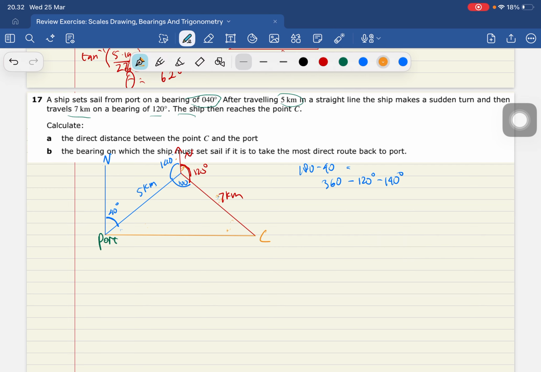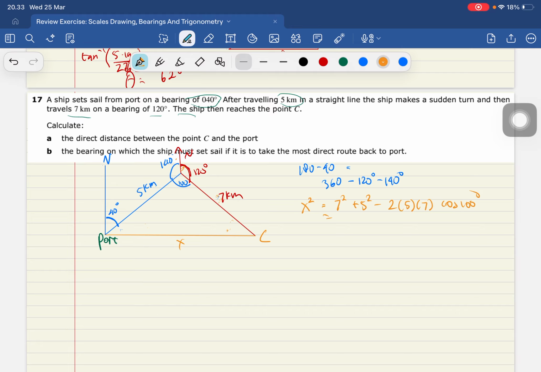However, we can use the cosine rule. So as this is x, we can make x squared equal to 7 squared plus 5 squared minus 2 times 5 times 7 times cos of 100 degrees.